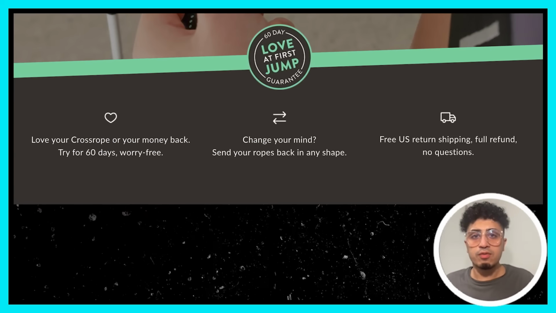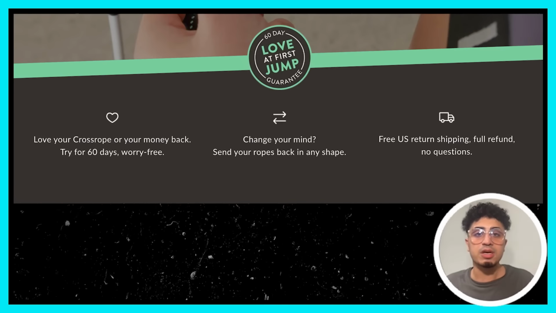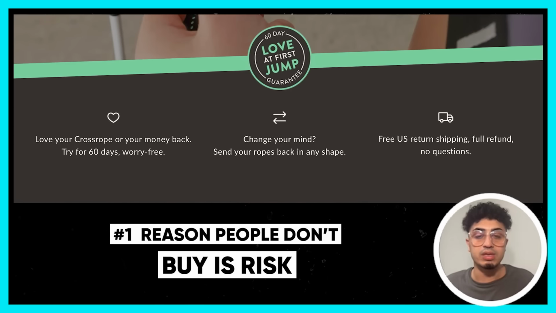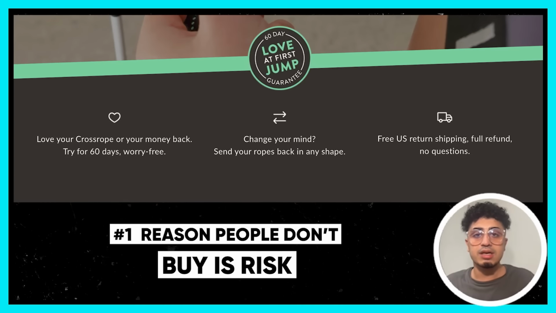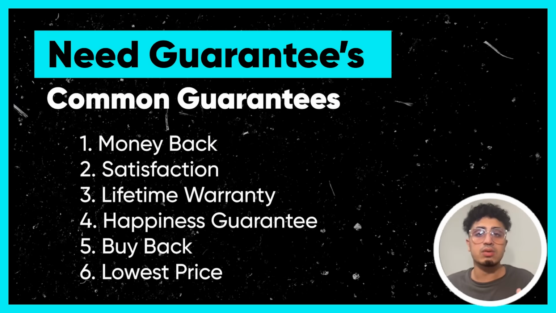Now, we can't move on from your stacked conversion support assets without talking about guarantees. This is an essential element that every product page definitely needs, because the number one reason why people don't buy is risk. And the number one reason how you can de-risk a purchase is through a guarantee. You either burden higher customer acquisition costs, or you take that small risk of someone potentially returning the product.